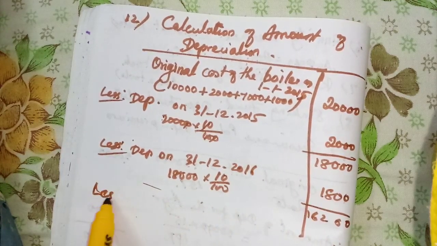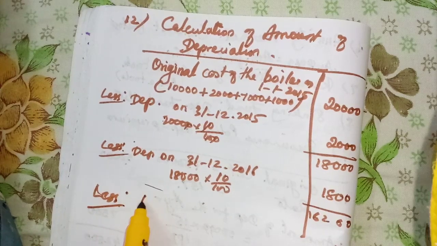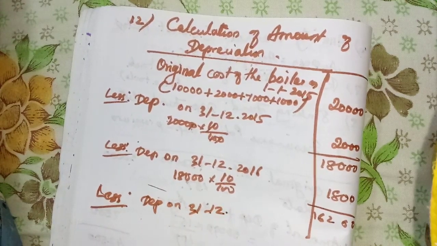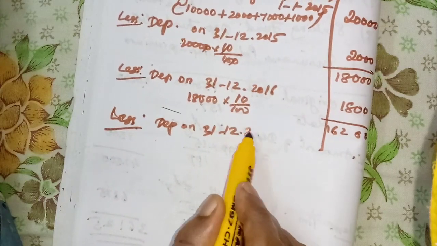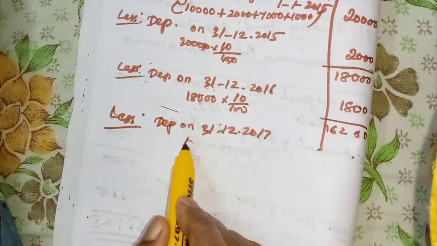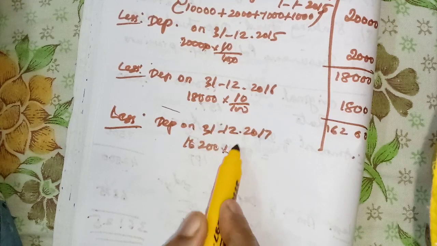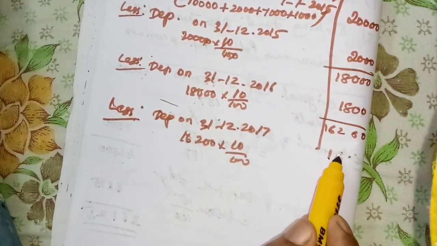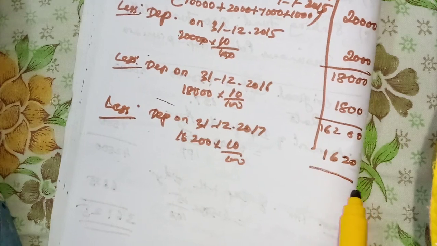From this we need to calculate depreciation for the third year, 2017. So from 16,200, 10%. So 1,620.